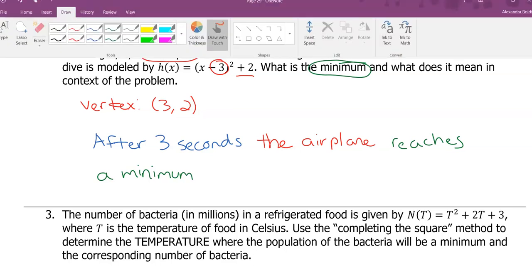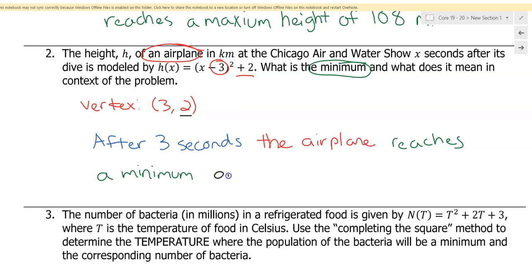And then we want our y value of 2 kilometers. So after 3 seconds, our x value, the airplane, our object, reaches a minimum, and then our y value.